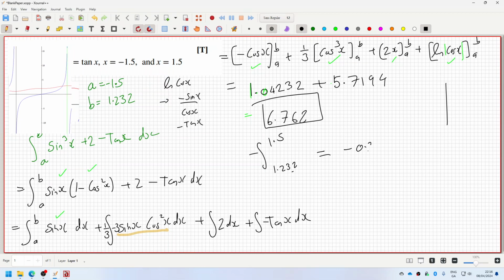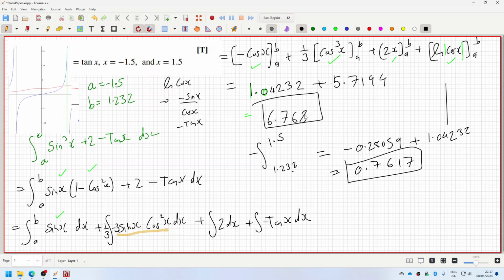So that's minus 0.28059 minus, and then plus 1.04232. So that extra piece is 0.7617. So that's that piece there.